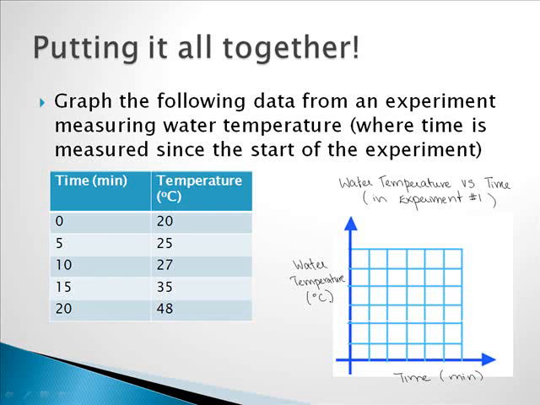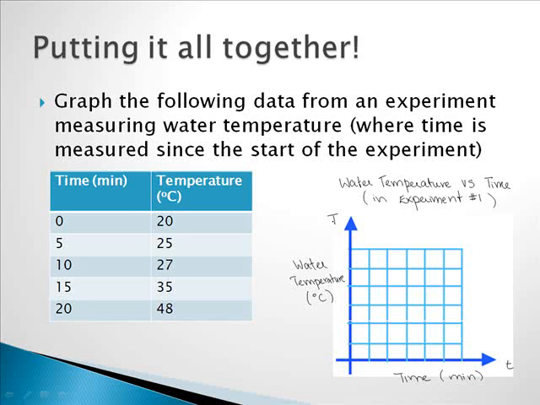So note that we've included both the titles and the units, both of which are very important. And as far as what we are going to call the variable, you might call time t, for example, and let's say water temperature we'll call capital T. So little t is time and capital T is water temperature.